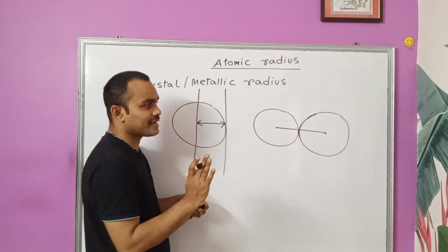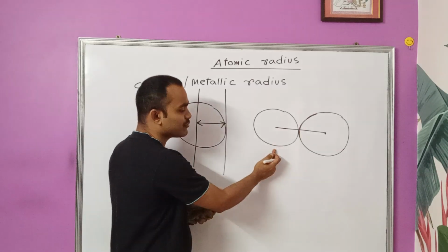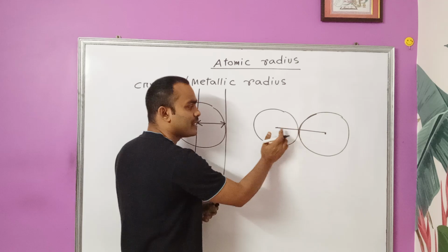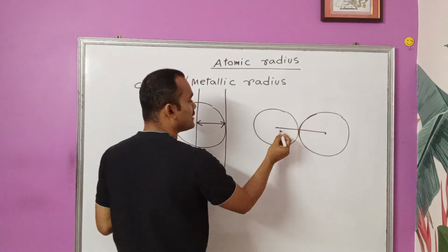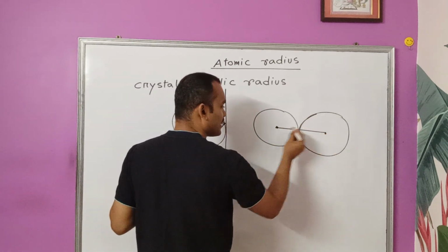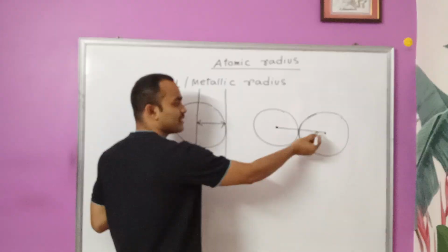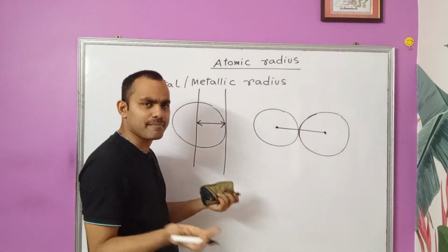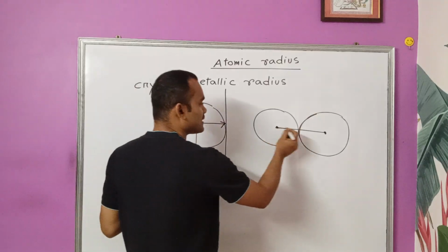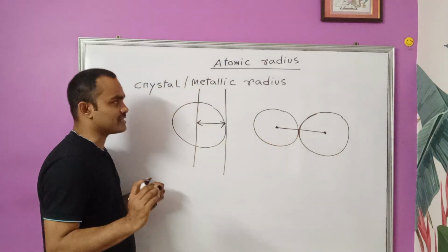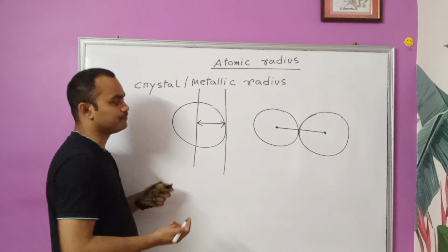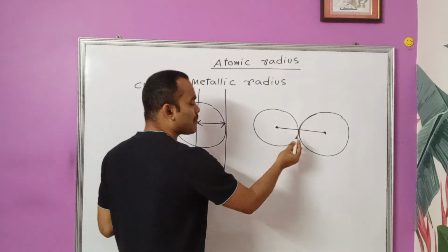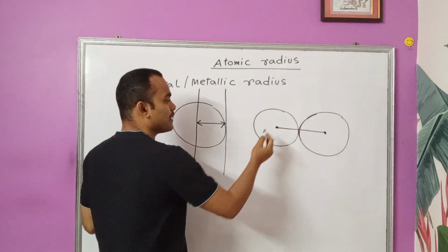Suppose we consider a copper atom: this is one copper atom and this is another copper atom, joined together. The distance between the nuclei of these two atoms, for the same metal crystal, is the internuclear distance. Now the radius is half of the internuclear distance.